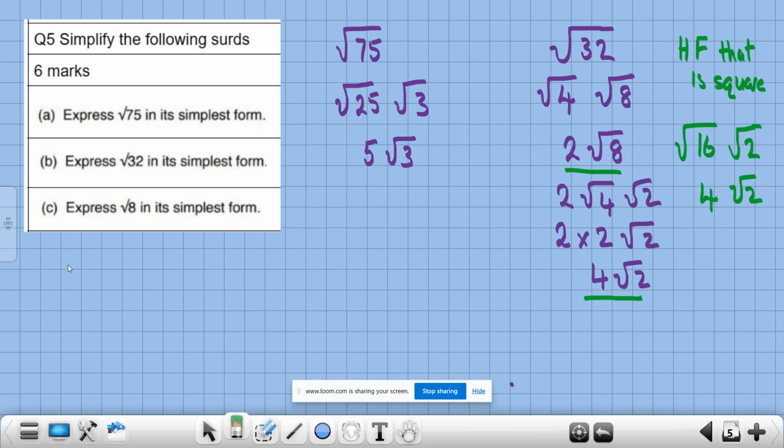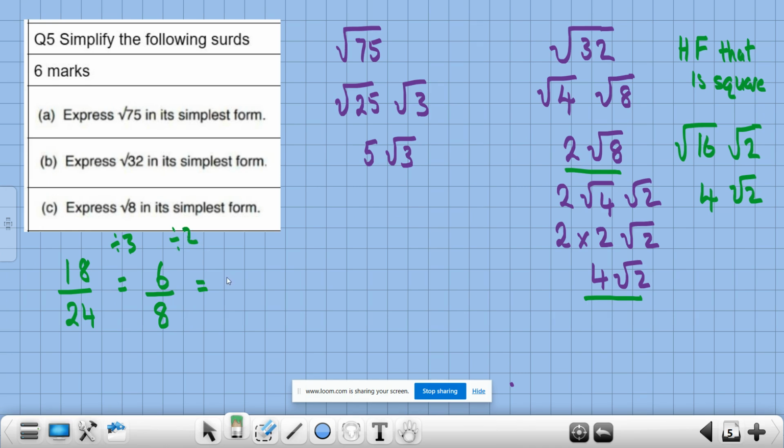If you had something like 18 over 24, and you had to simplify it, you might say, okay, well, they've got a common factor of 3. That would give us 6 over 8, dividing by 3. But we still have a common factor left to take out. At this stage, we could then take out a factor of 2.